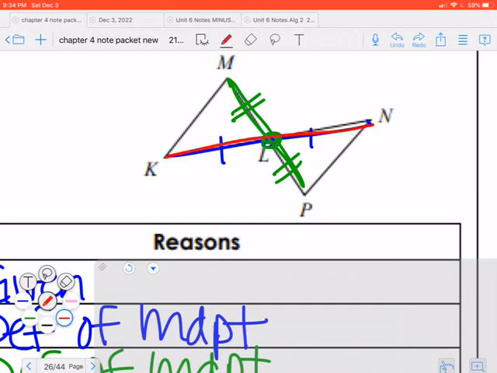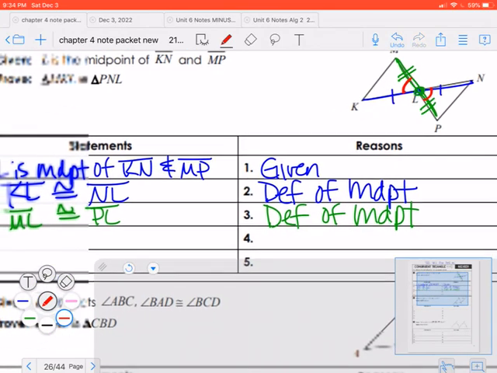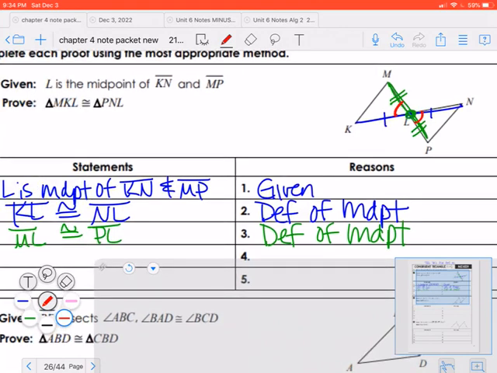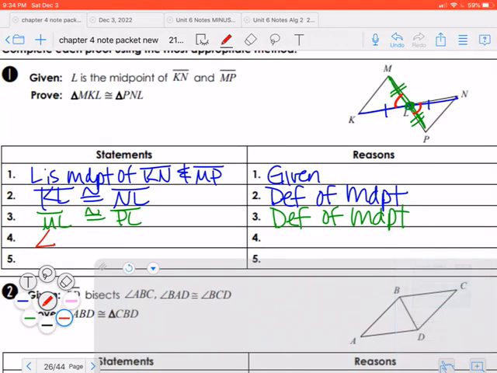Remember, when we have two lines crossing each other, we can say that the two angles are equal to each other. So by vertical angles, that angle equals that one that I just marked in red. So let's name those. The one on the left, angle MLK, is congruent to angle PLN. And that is because vertical angles are congruent.